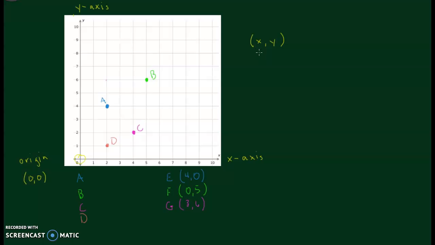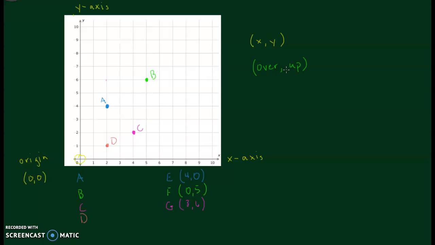When we're looking at coordinates, another way I like to think about this is over and up. So for the portion of the coordinate plane that we have here, we're only going to be using over and up.